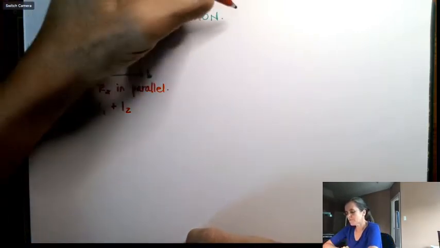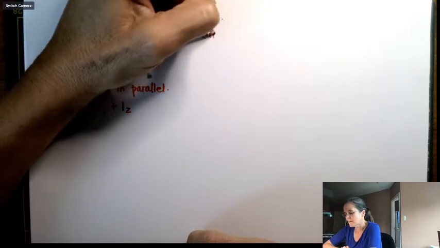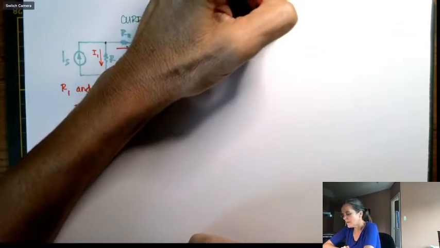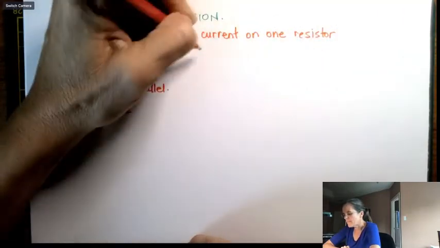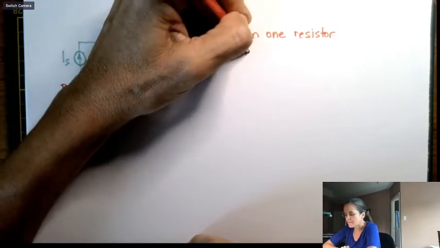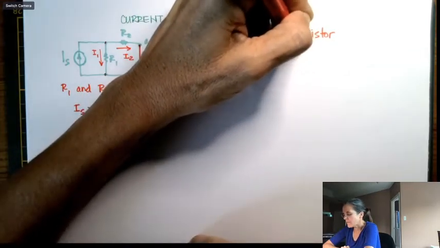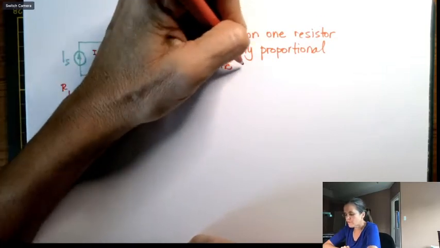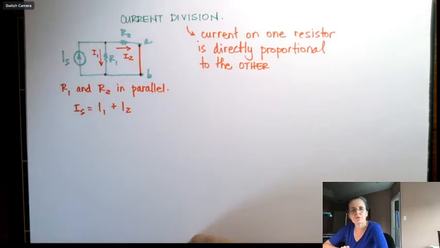And current division states that the current on one resistor, for two of them in parallel, is directly proportional to the other resistor. And the other means there's only two, one's proportional to the other.